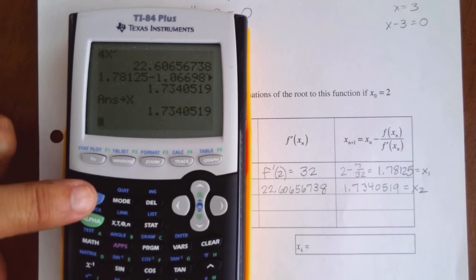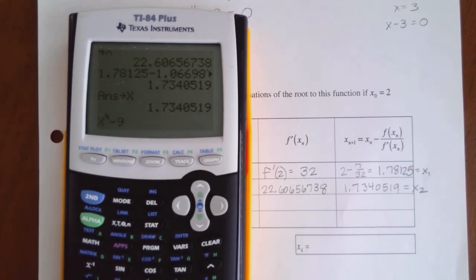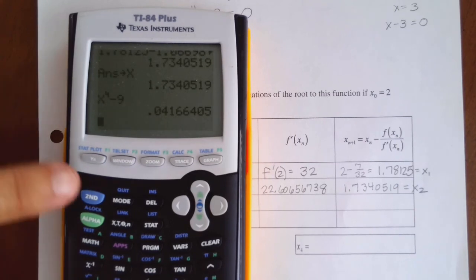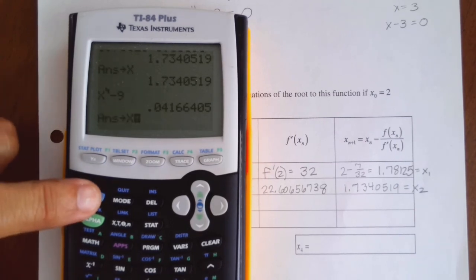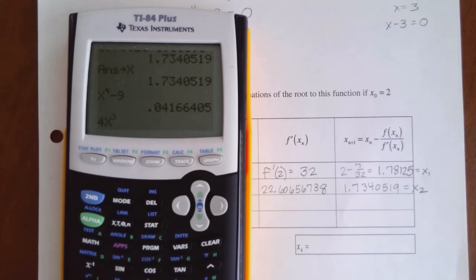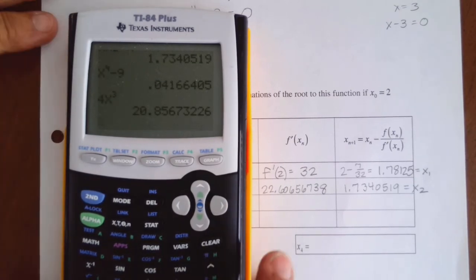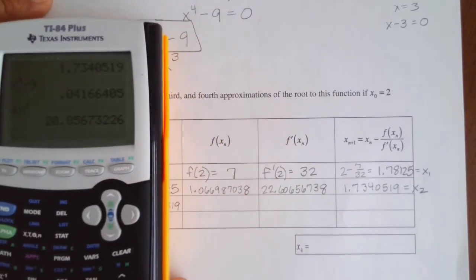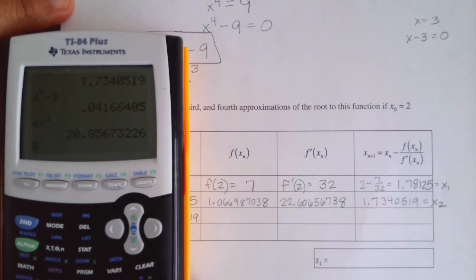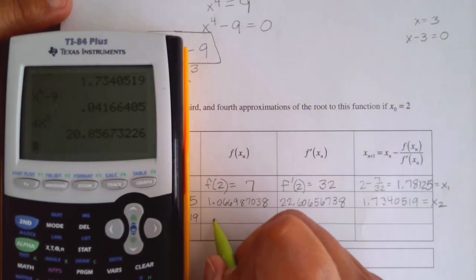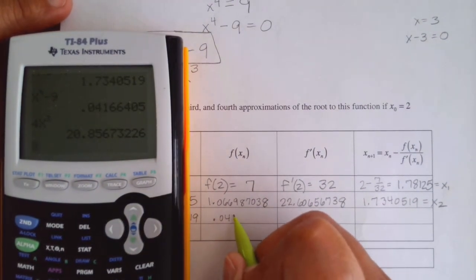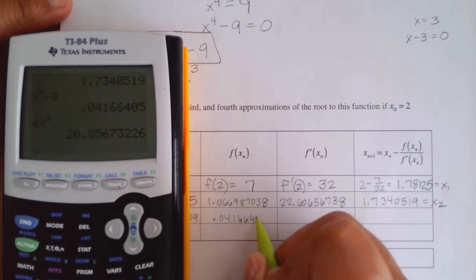Get your function value. Second enter until you get your function value. And then second enter until you see the derivative. Okay. All right, so there's our next two numbers. So our function value is 0.04166405.